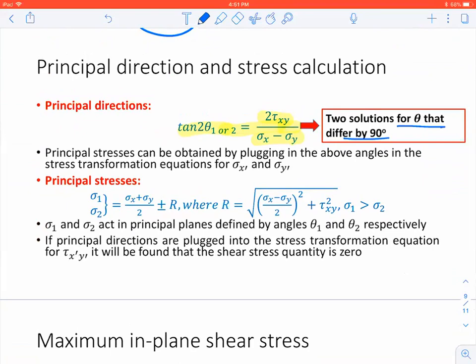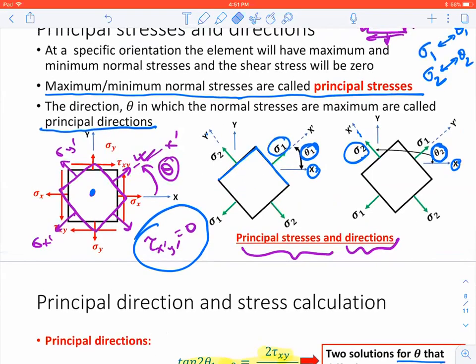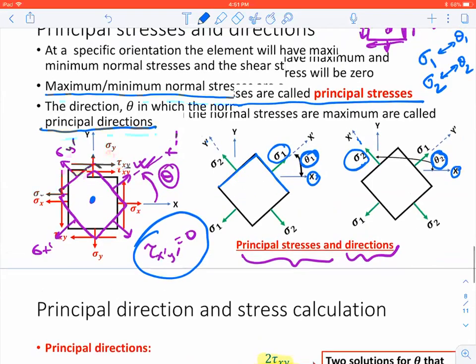Okay, and principal stresses can be obtained. If you know your theta 1 and theta 2, that means these are the directions in which your principal stresses are acting.